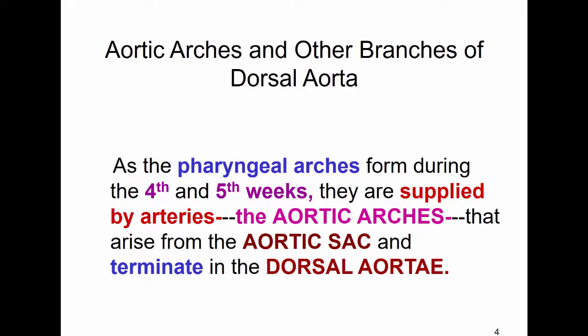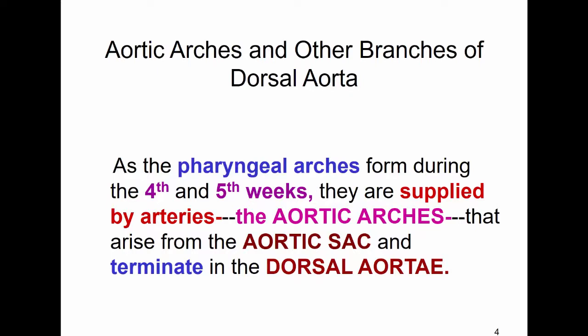So as the pharyngeal arches form during the 4th and 5th week, you know about the pharyngeal arches because we have finished those arches, pouches and clefts. And we have seen many structures of our head and neck region come from these pharyngeal arches, if you recapitulate.